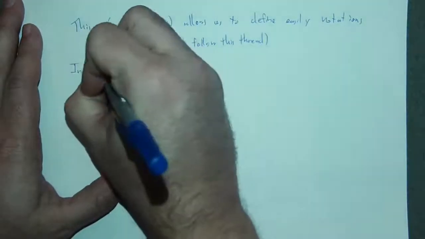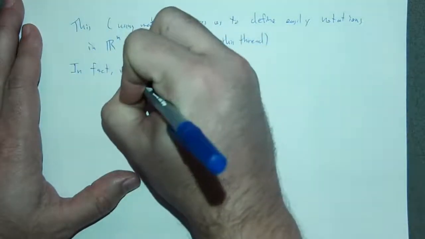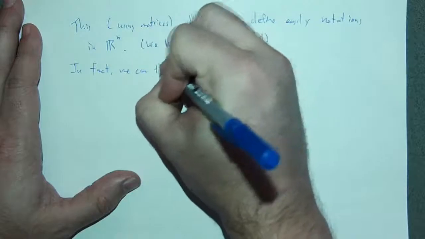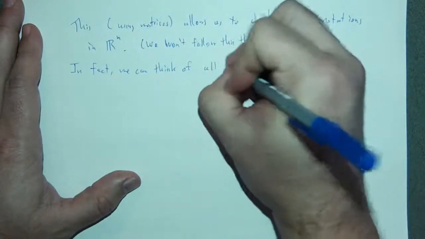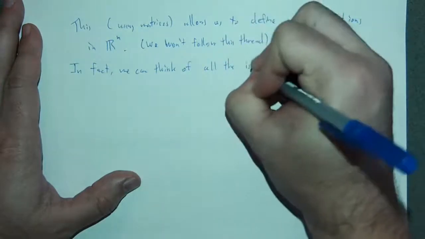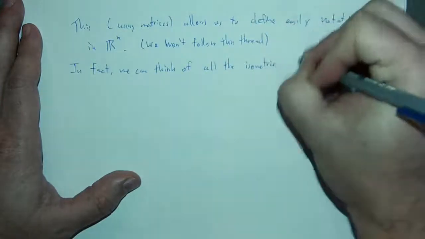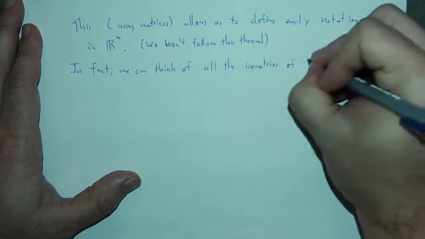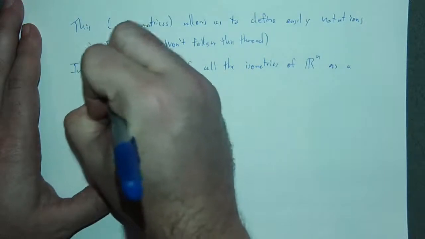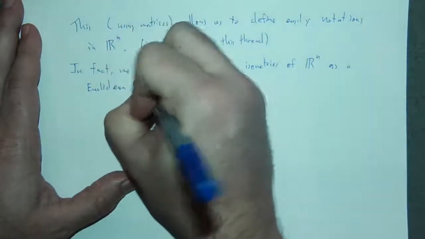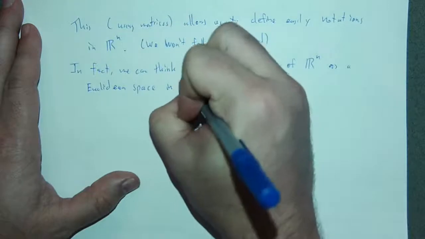Okay, so in fact, we can think of all the isometries of Rn, as a Euclidean space, in terms of matrices.